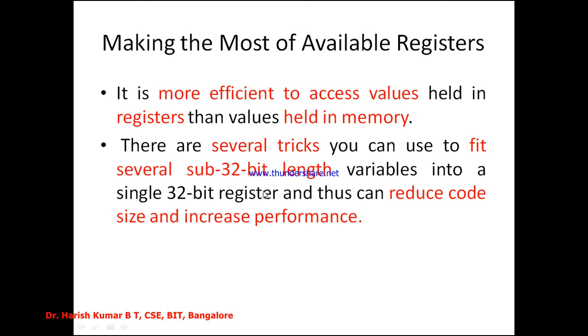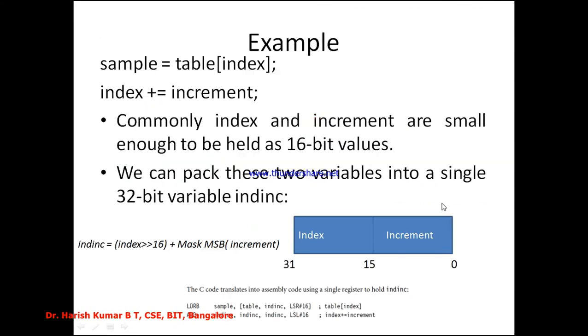So, sub 32-bit. Say for example, I have a variable of 16 bit and another variable of 16 bit. Now these two 16-bit variables can be stored in one 32-bit register, and this also increases the performance and reduces the code length. Now here we have the example for the same.